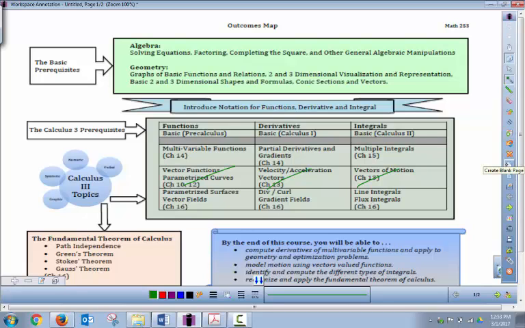And so we've hit the vector functions, we've studied the vector functions. We can take derivatives of vector functions and take integrals and apply it to parametric equations. And it doesn't say here, but we also were able to apply some calculus to polar coordinates.